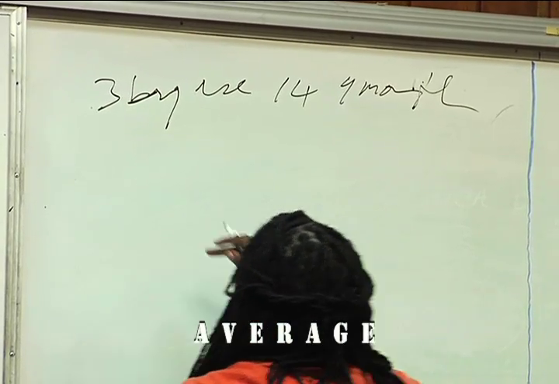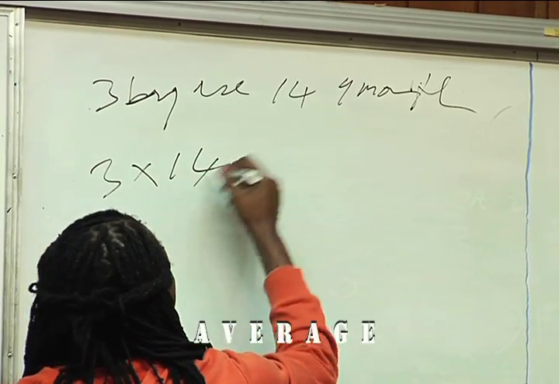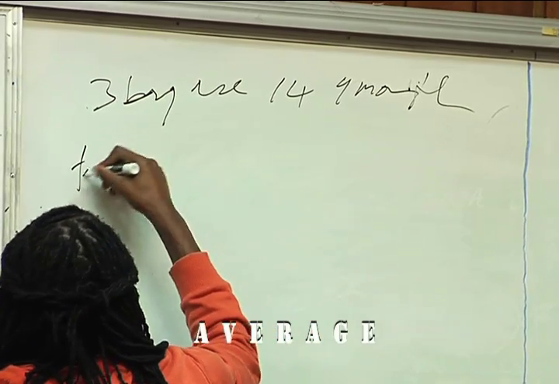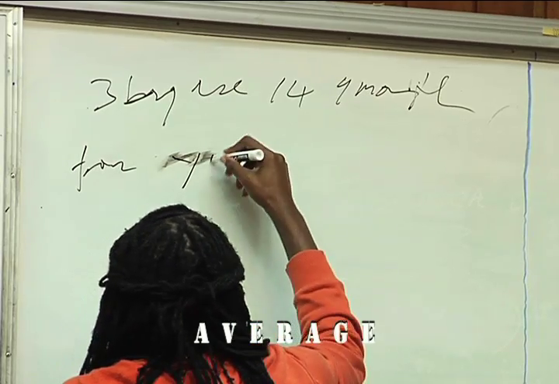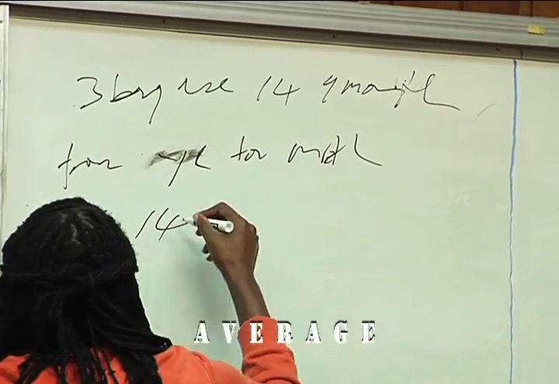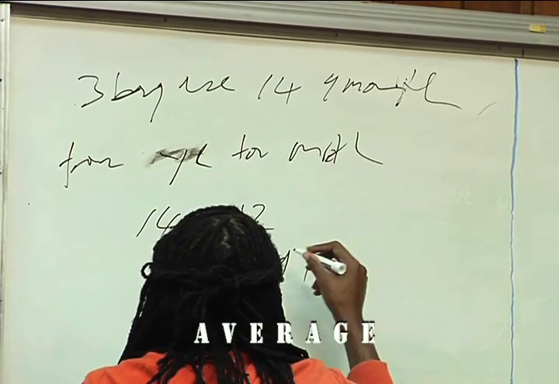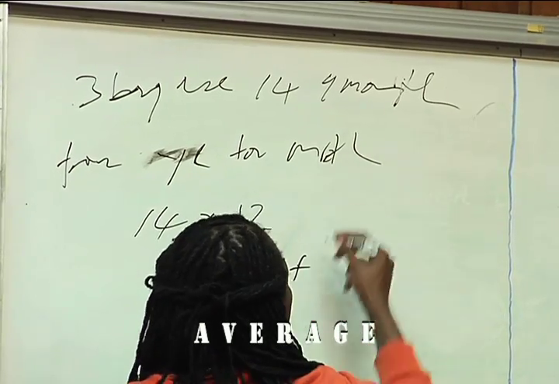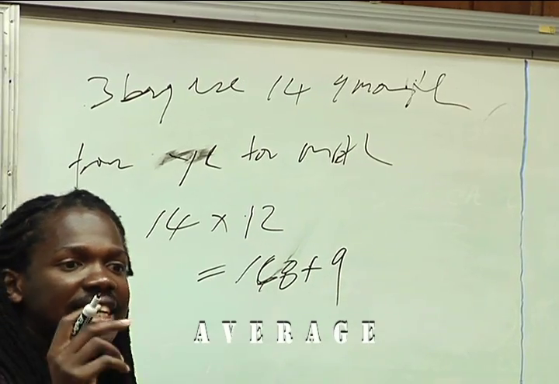Alright, so come now. Talk to me. We have 3 times 14, transforming year to month. So watch now, 14 times 12 equals 168. Then 168 plus 9 months, because it's not only 168, it is 14 and 9.